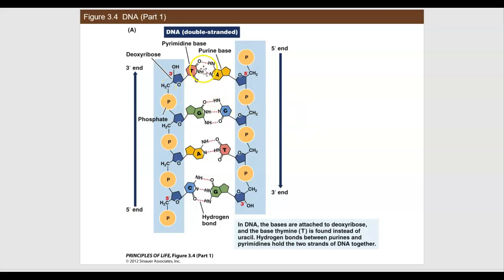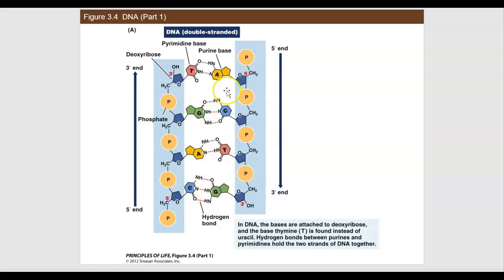But what they figured out is, look, the evenness of this ladder is partially because of the way these are arranged. So we have purines and pyrimidines that are always alternating. So these A's, T's, C's, and G's, you always have one that has 2 fused rings, one that is a single, all the way up and down.